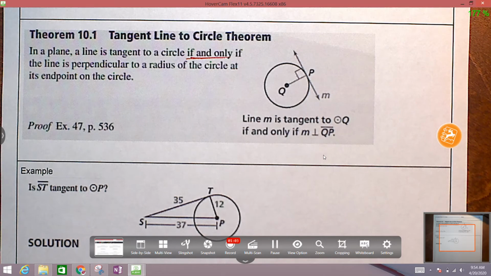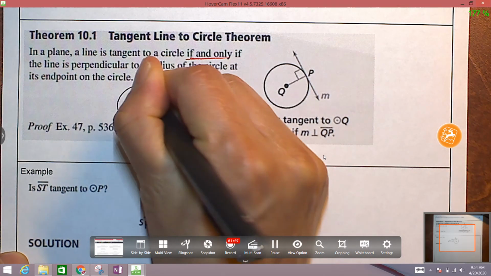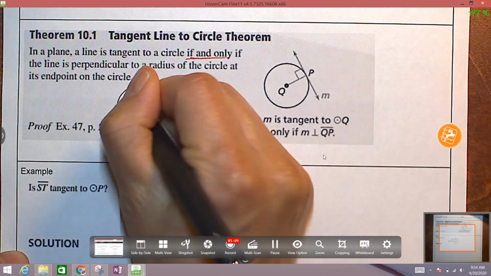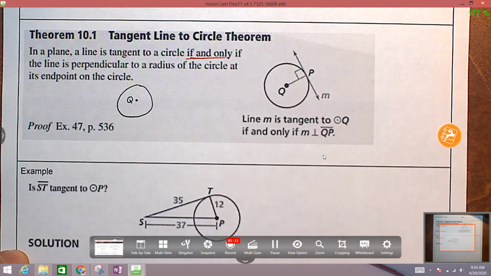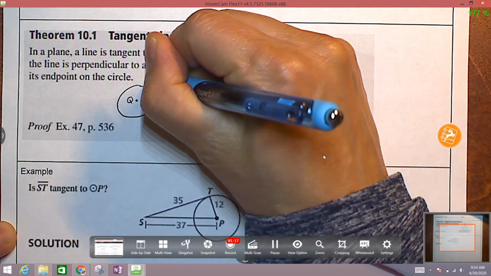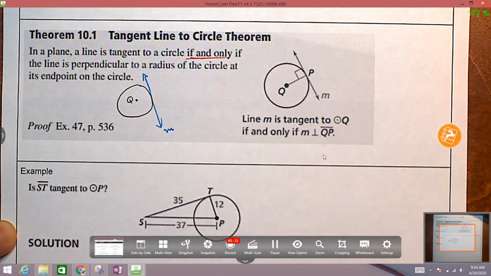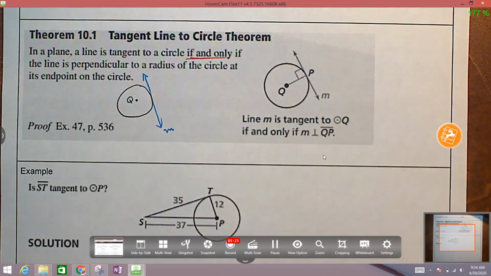So you have this circle that's just sitting there minding its own business. Let's call it circle Q. And then you have this line that's just traveling through space, and we're going to call it line M. Remember, sometimes you can use a lowercase letter to denote the name of a line.